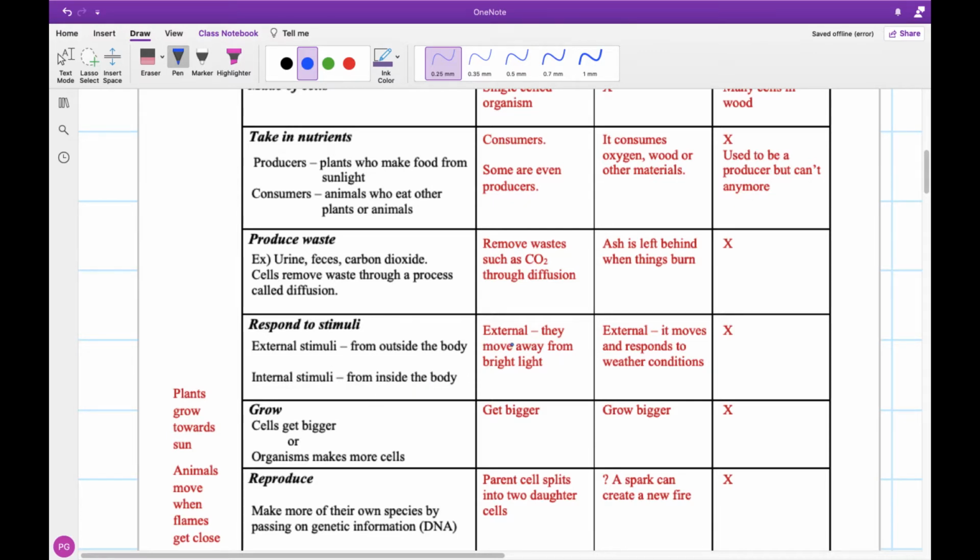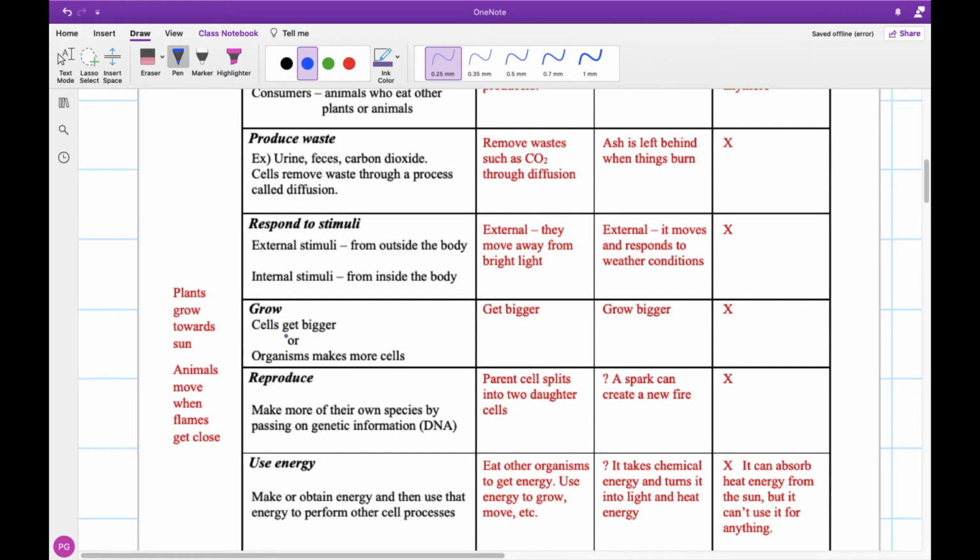So amoebas, for example, respond to external stimuli. They move away from bright lights or will go after food or move in the direction of food potentially. Fires respond to external stimuli. If it's raining, the fire will get smaller. If there's a gust of wind, it can move in certain directions, different weather conditions. Firewood in general doesn't really respond to the stimuli.